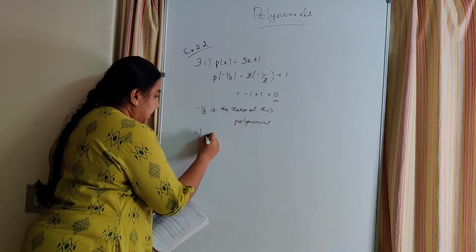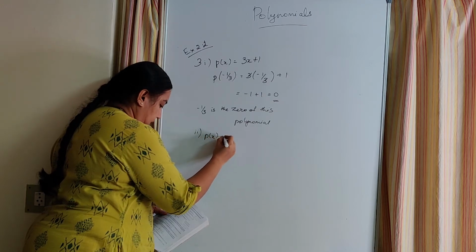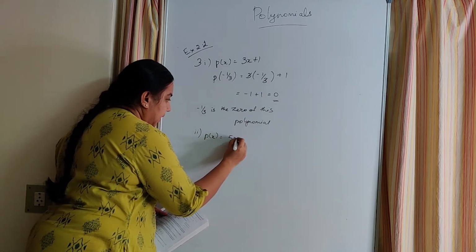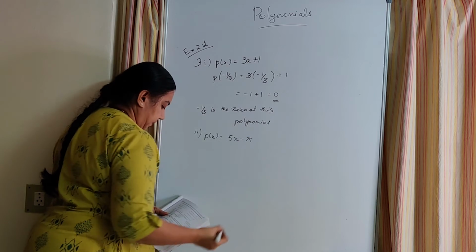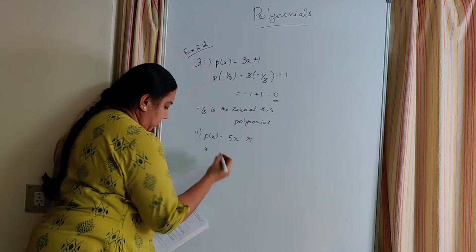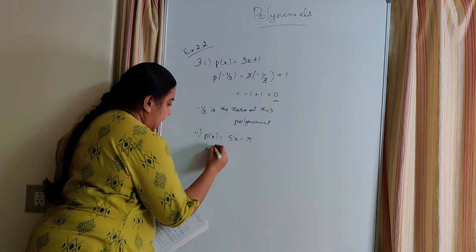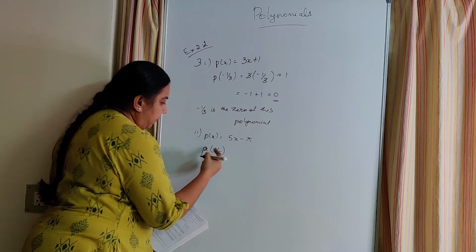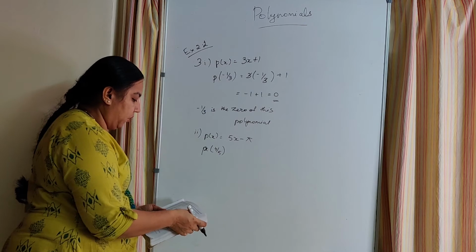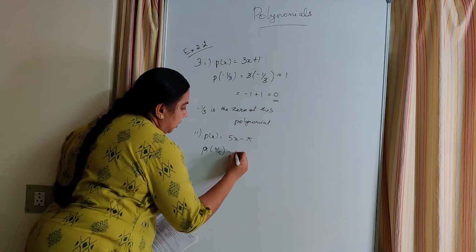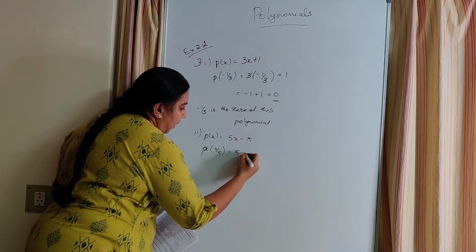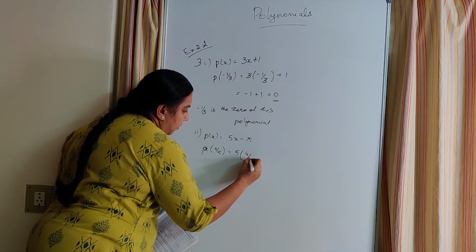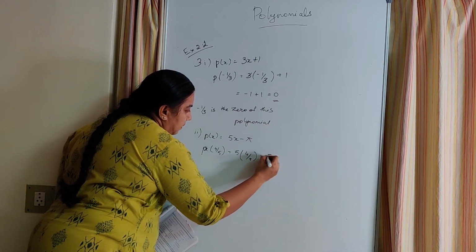P of x is equal to 5x minus pi. And in that I want to substitute x value as 4 by 5. So I write it as P of 4 by 5. P of 4 by 5 is equal to, in the place of x I have to substitute 4 by 5, 5 times 4 by 5 minus pi.